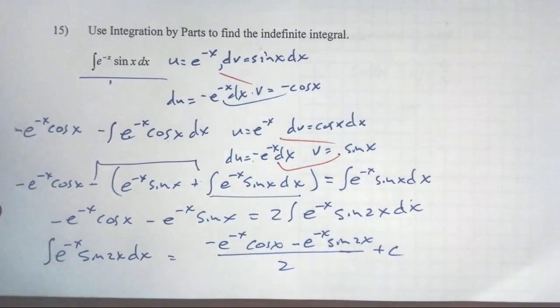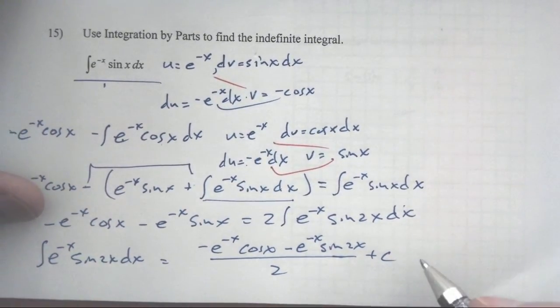And that's pretty good, but boy, I'm really tempted to take out the 1/2 and take out a negative e to the negative x.